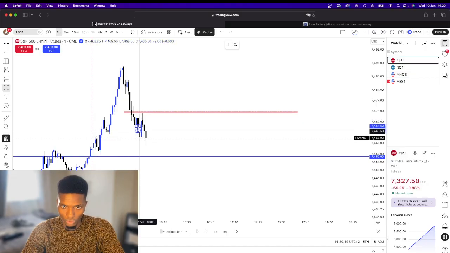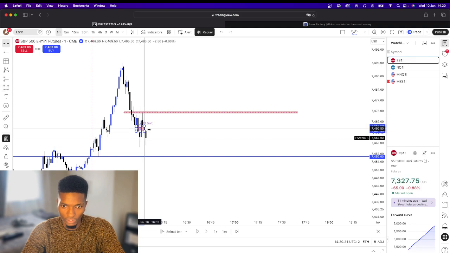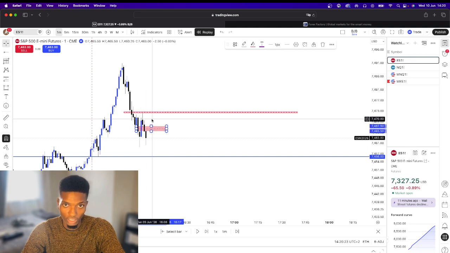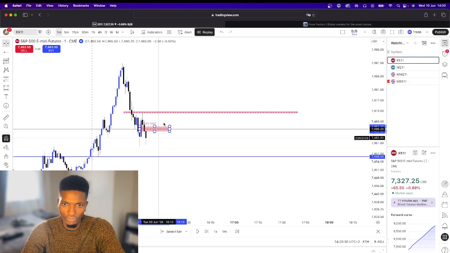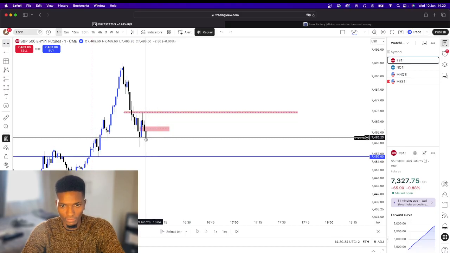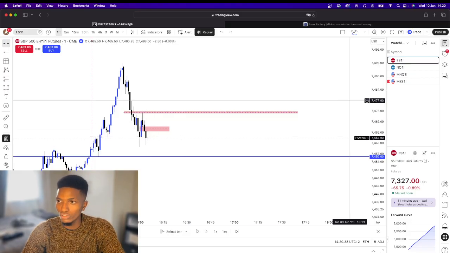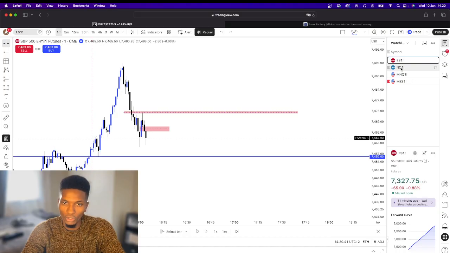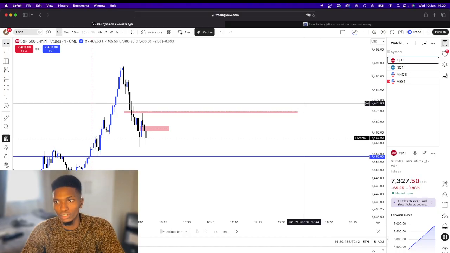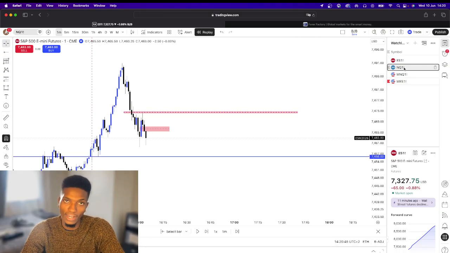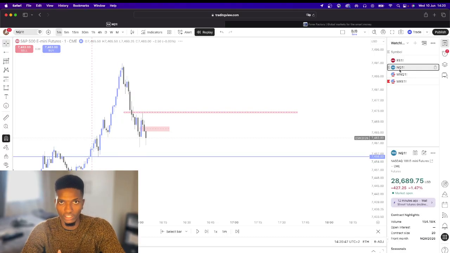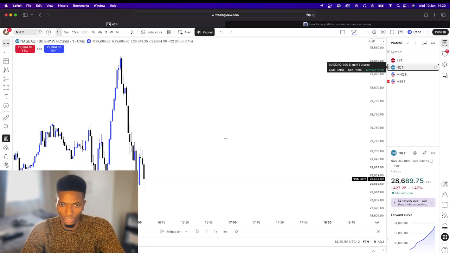There we got our inverse fair value gap in, right, into this 5-minute fair value gap, and then we also got an inverse fair value gap out over here, right? Meaning if this candlestick, actually it did close here, so now that it closed here, we have to look for the same on Nasdaq, and then once we have that, we're gonna take shorts on Nasdaq because ES is the leading index to the upside, right?